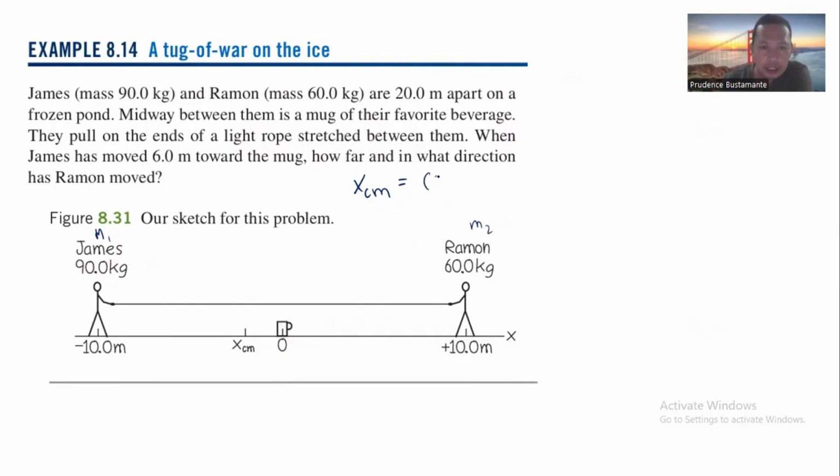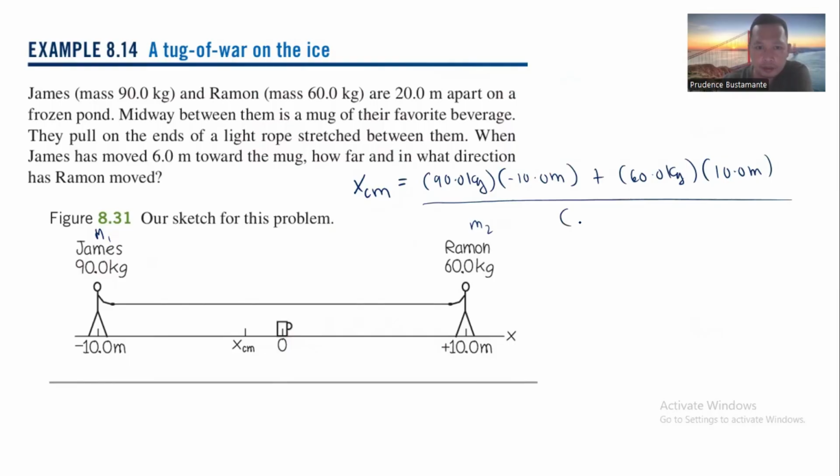M1 is 90.0 kilograms times negative 10.0 meters, plus 60.0 kilograms times positive 10.0 meters, over 90.0 kilograms plus 60.0 kilograms. So our answer is negative 2.0 meters.